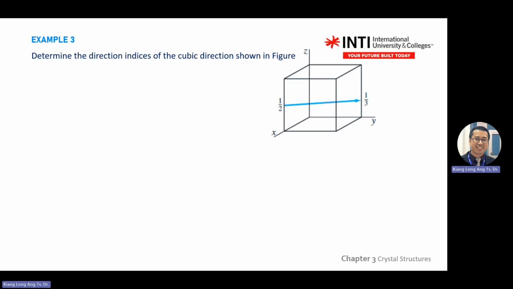You know how to read a vector, right? Tail is here. You are telling me tail to head, what is the direction?